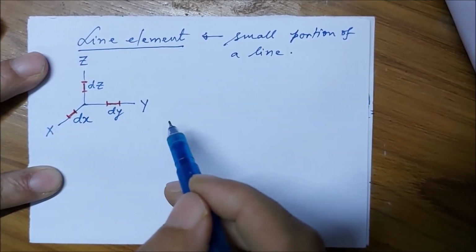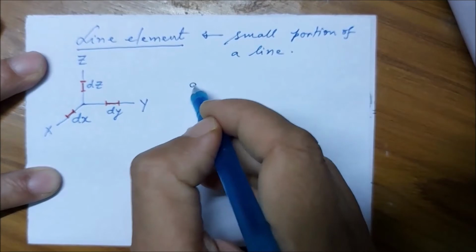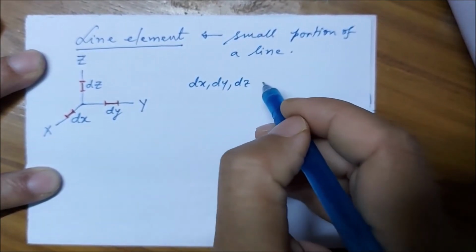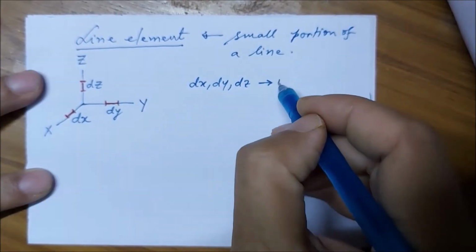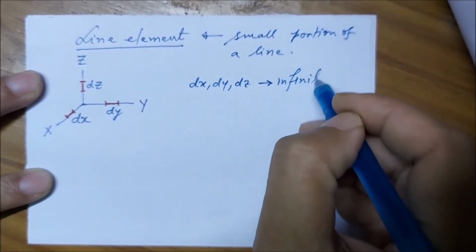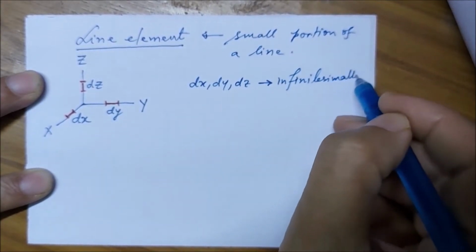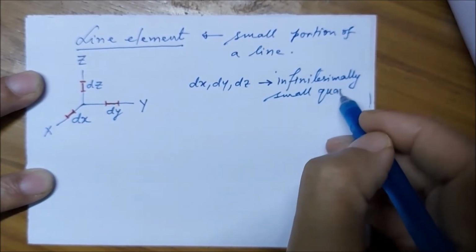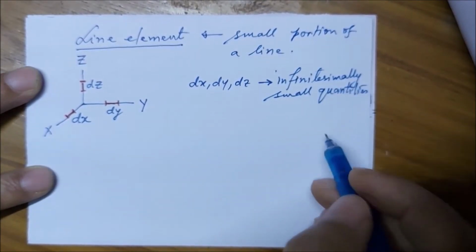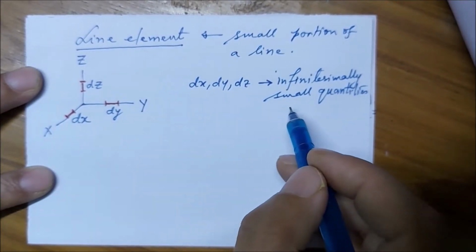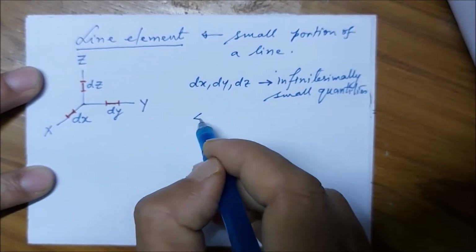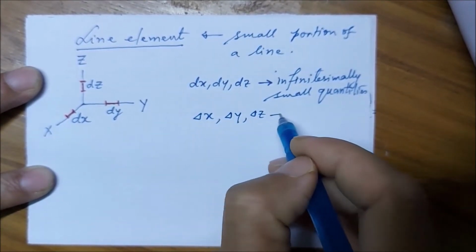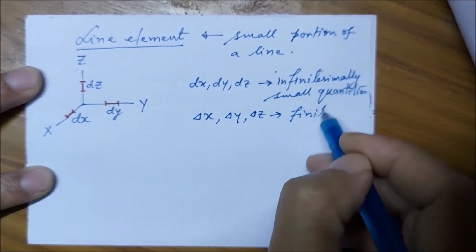Let me mention once again that dx, dy, dz and so on are infinitesimally small quantities. They are as small as we please, but not equal to 0. What do we mean by delta x, delta y, delta z, etc.? These are finite quantities.